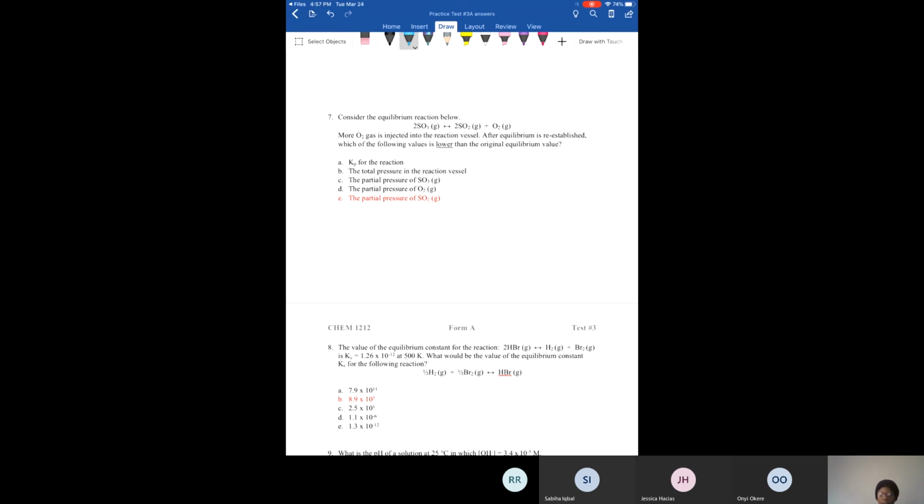It's going to be the only one that decreases, because what's important is the ratio more than just how much of each one that you have. It's not just the individual concentrations that matter. It's the ratio that's more important.